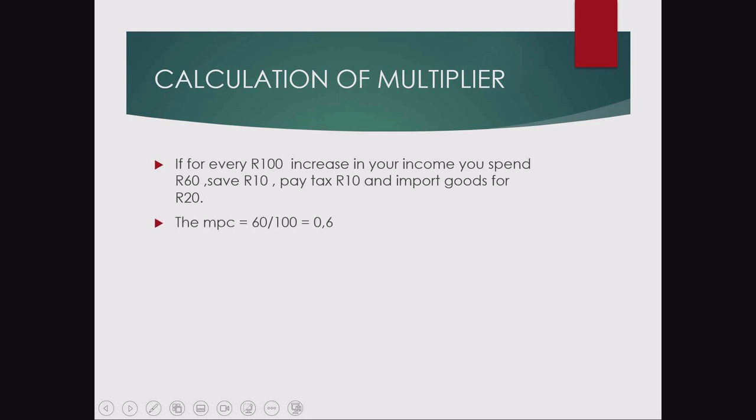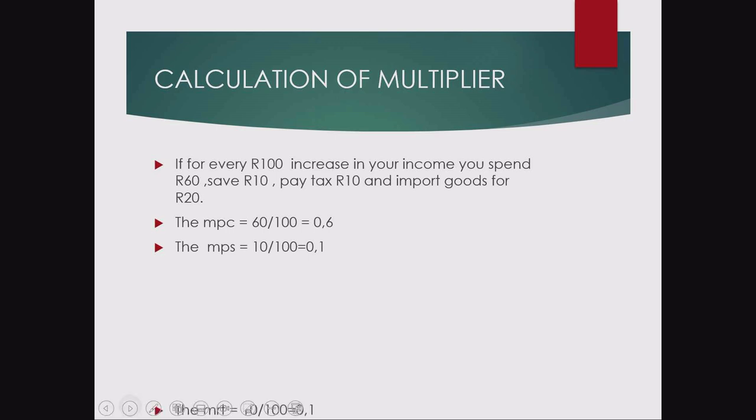Now, to get your MPC, you just divide your 60 Rand by 100, and you get 0.6. You divide again to get your MPS. Remember, we said you save 10 Rand, it's 10 Rand over 100 Rand, and then you get 0.1.